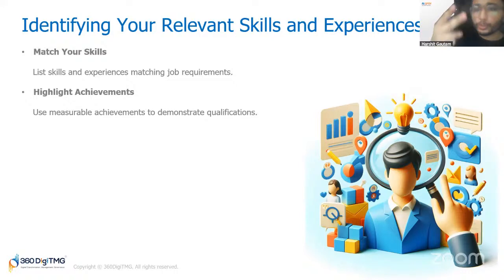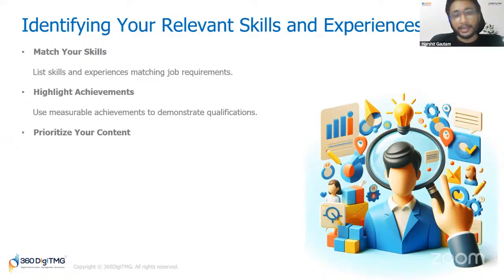So you will get two advantages. First, you will get to learn something new and you will be able to apply for that job. Okay, then highlight your achievements. Whenever we talk about highlighting your achievements, we simply talk about measurable achievements. For example, you can mention that I led a team of 15 people working on a project.